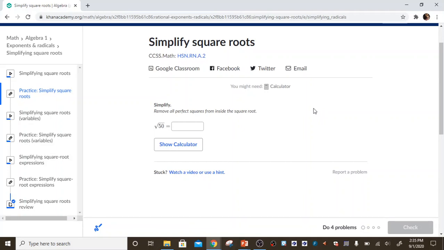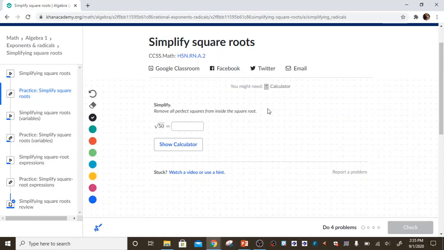So we want to simplify root 50. I know that the square root of 50 is equal to some product, and what I want to do is take square numbers out. My squares are 1, 4, 9, 16, 25, 36, 49, and so on. I want to look for perfect squares. Well, 25 does multiply into 50.